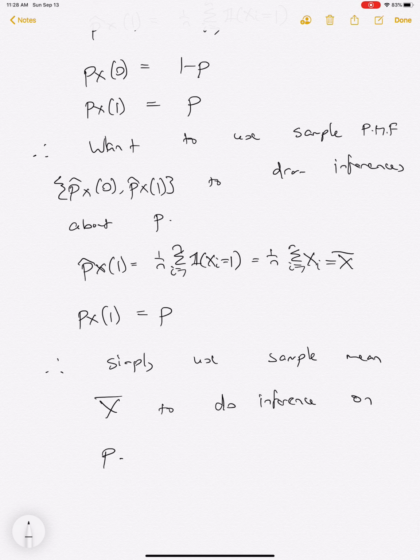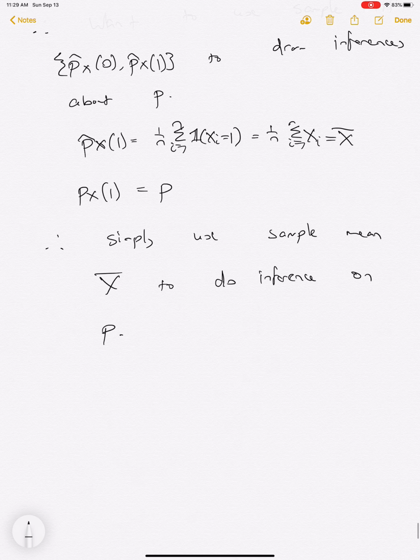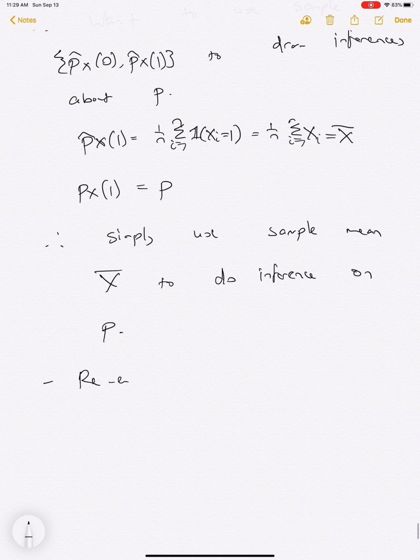If you start with the sample PMF, which is very easy to formulate because there are only two different values it takes, the sample PMF is essentially just x bar and then 1 minus x bar for px of 0. And so that is the way that you draw inferences for p based on your samples. So it just reinforces what we already know.